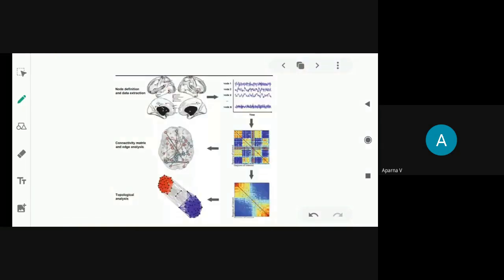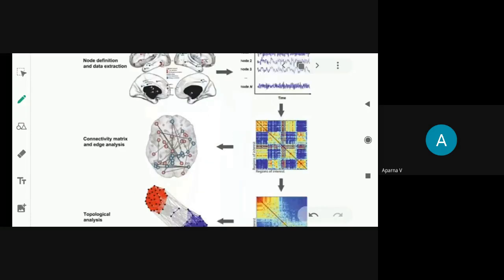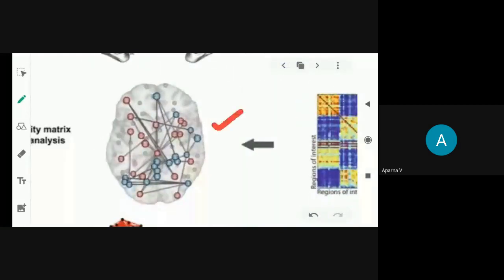Another area where we'll be applying this is in computing, there is an area called image processing, signal processing, etc. There also you can see graph theory comes into play. This is the image processing of the brain using graph theoretic techniques.